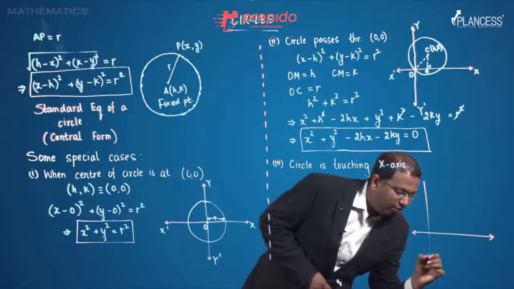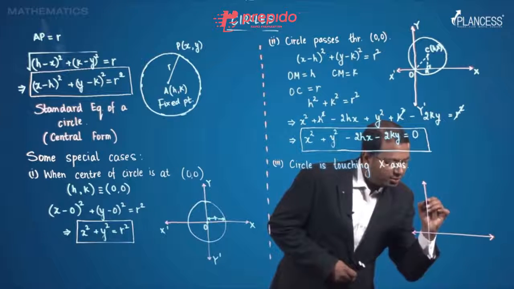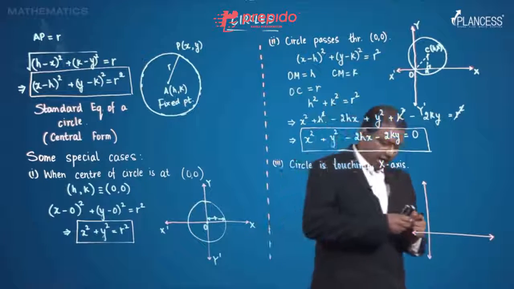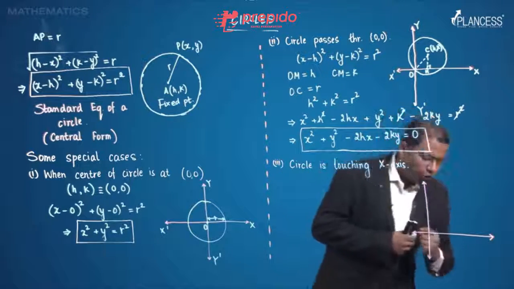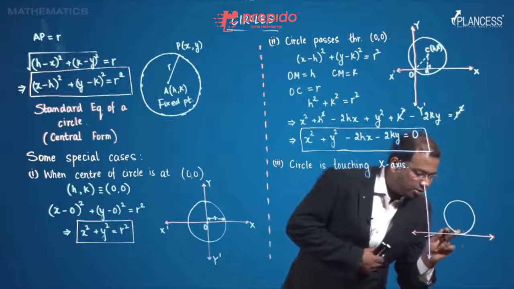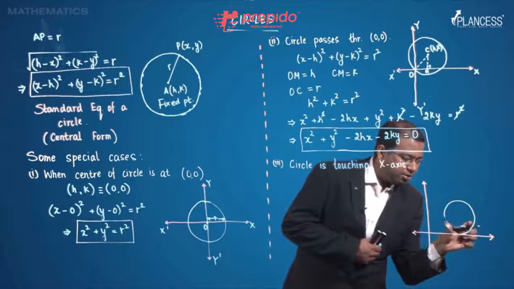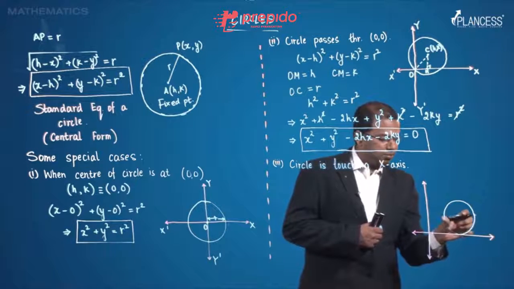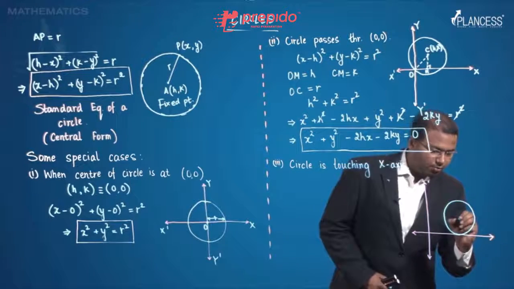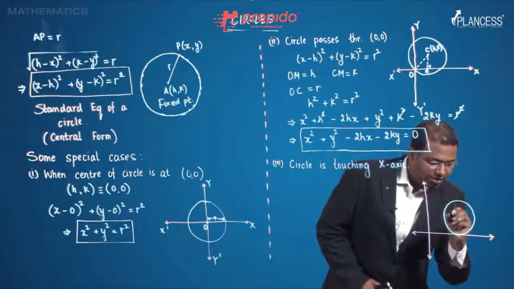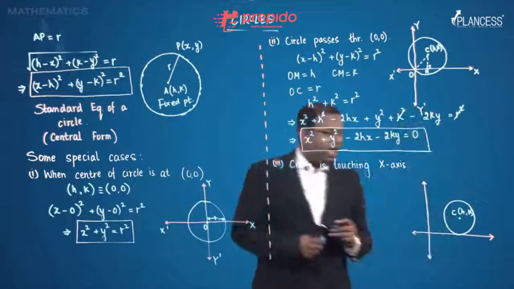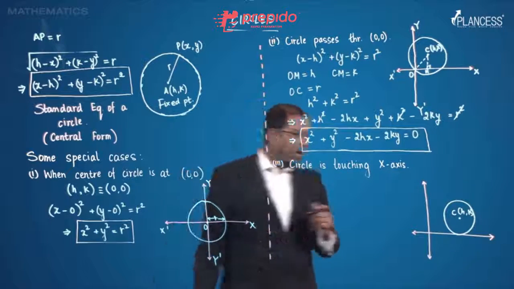Here we have our y-axis, and we have a circle which is just touching the x-axis. Let us say C is the center having coordinates h, k, and this circle has a radius r.